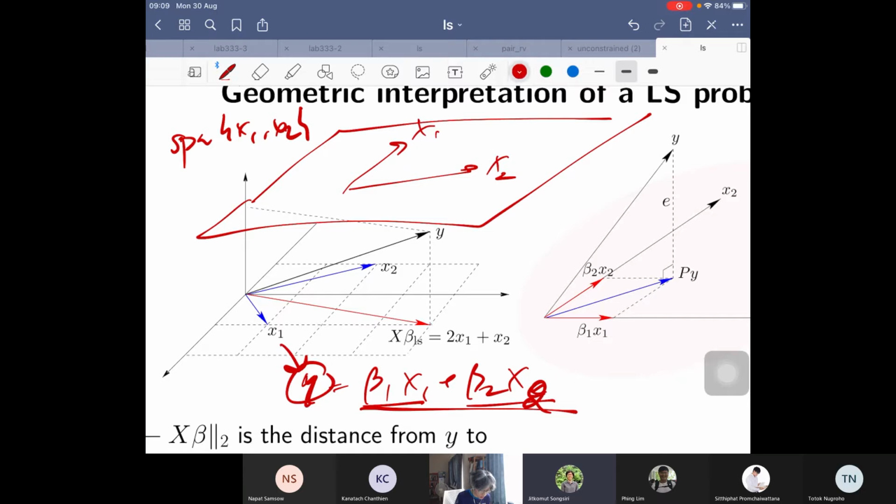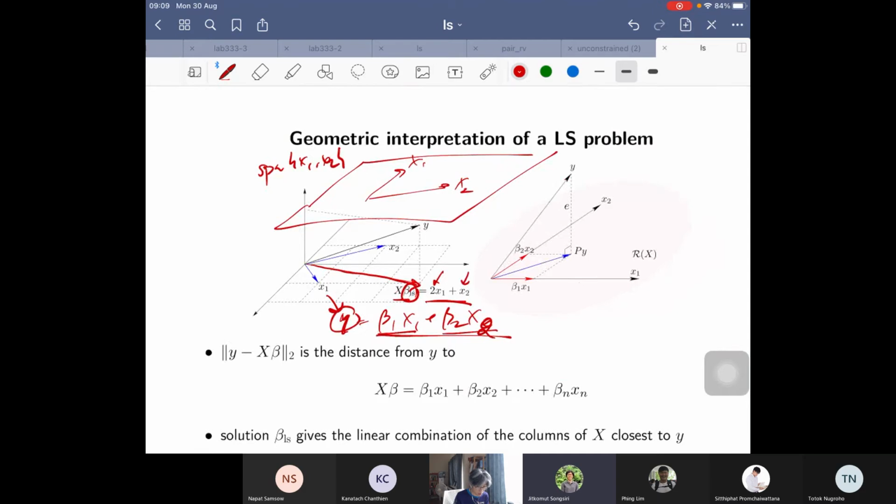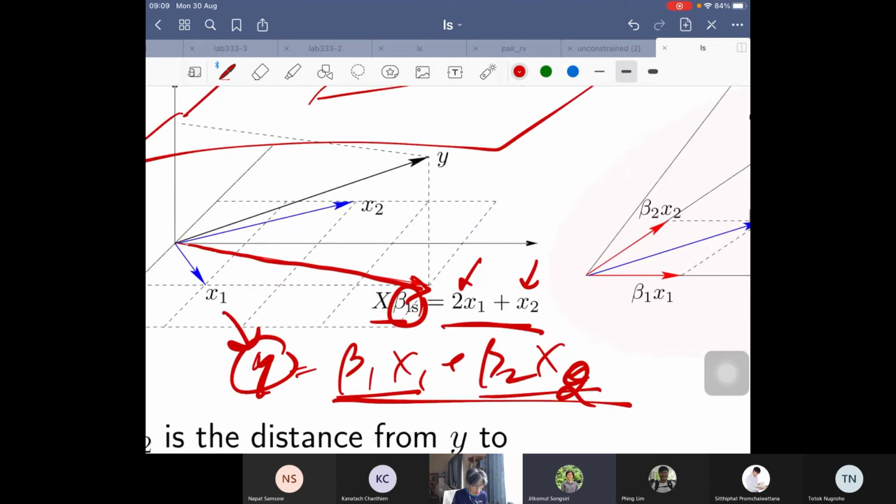The red vector is given by the least squares solution, X times beta, suppose that the optimum coefficients are 2 and 1, right? So it is actually the estimate of the vector y, given by a vector on the hyperplane spanned by x1 and x2.